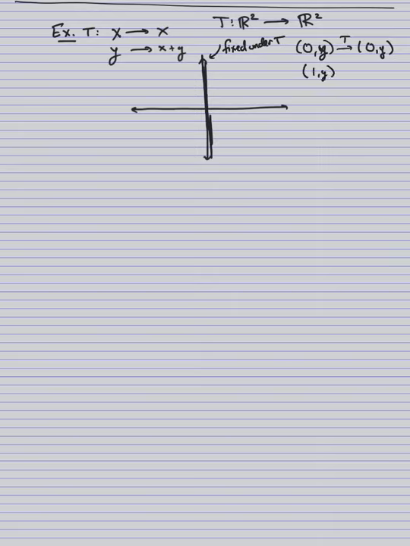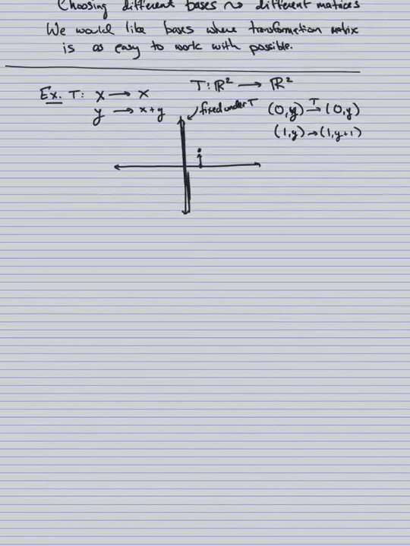So 1 is fixed and y can be anything. Well, of course, this goes under T to (1, y plus 1). So here, on the x equals 1 coordinate, or this line, we have translation by 1. On the x equals 2 line, this goes up to 2, and to 3, and so on.